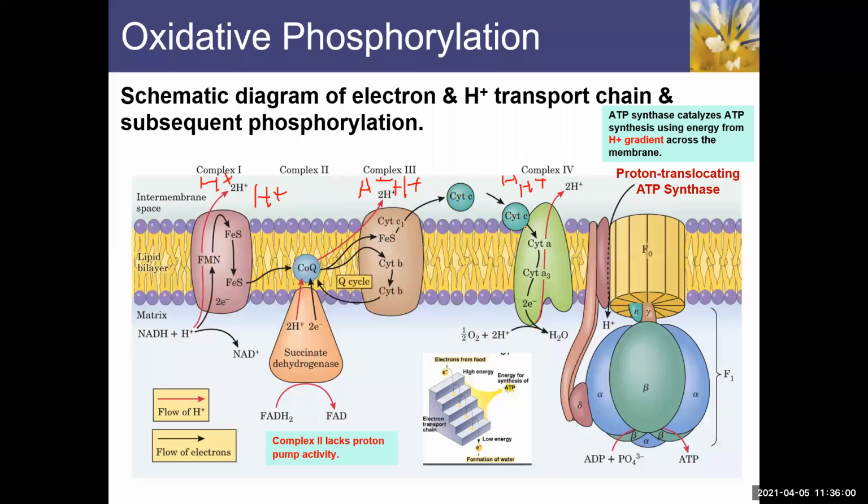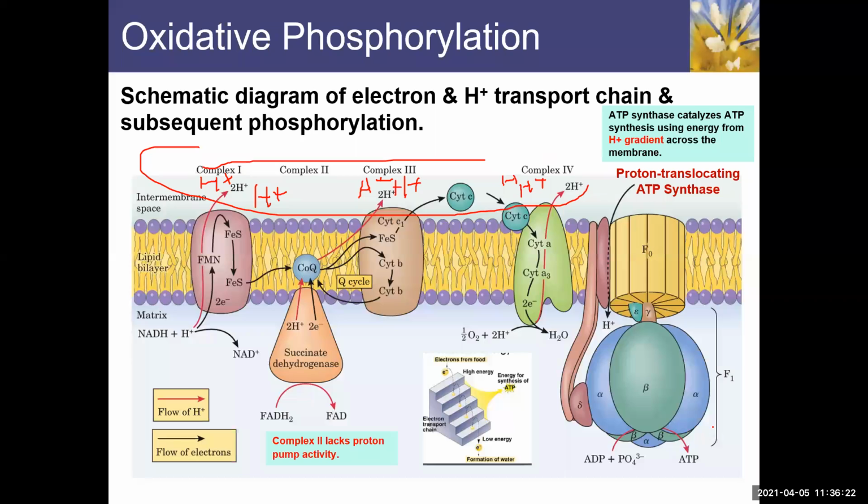Pumping of these protons produces a concentration gradient, so a higher concentration of the protons will be over here. And now comes the final step: how to generate the ATP.